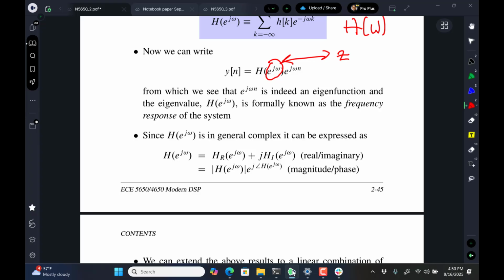And I'll be emphasizing in the beginning of Chapter 3 that e to the j omega sweeps around the unit circle in the z-plane. So it's like we're putting a cookie cutter. If you are into baking and cutting out cookies, you can visualize it as cutting out a circular strip around in the z-plane, and if you peel that out and lay it flat, that's our frequency response axes.